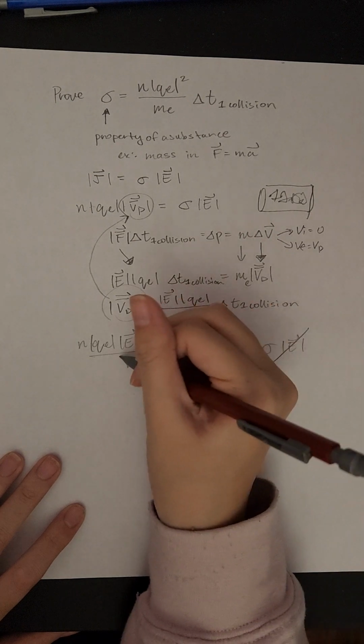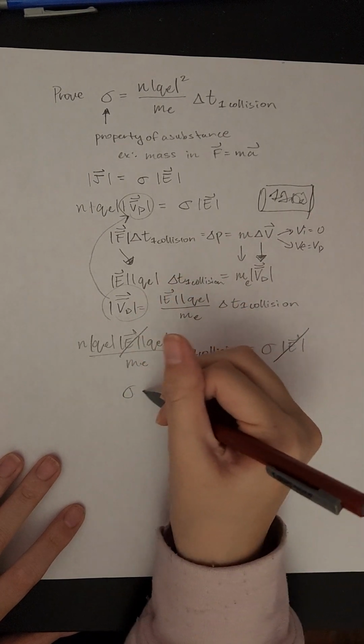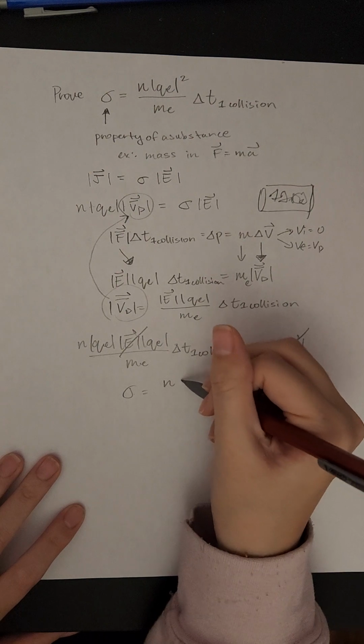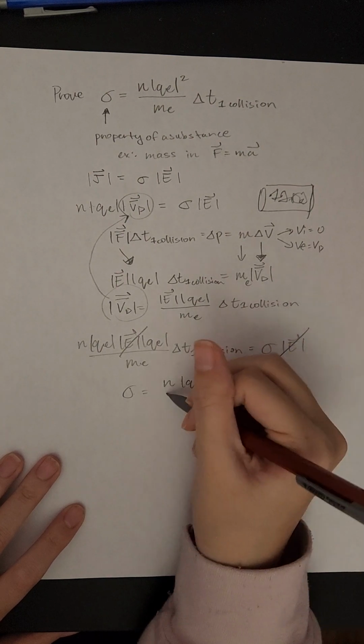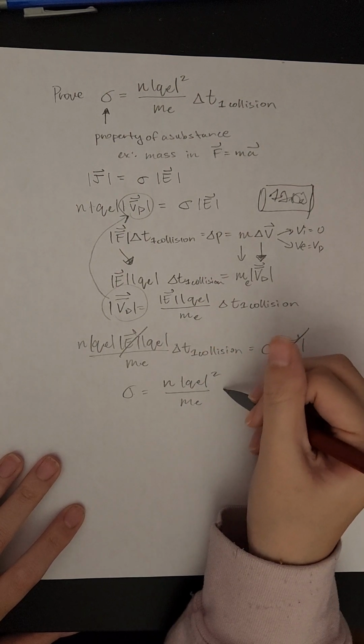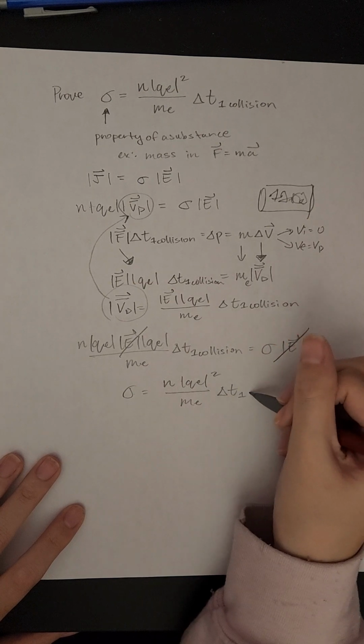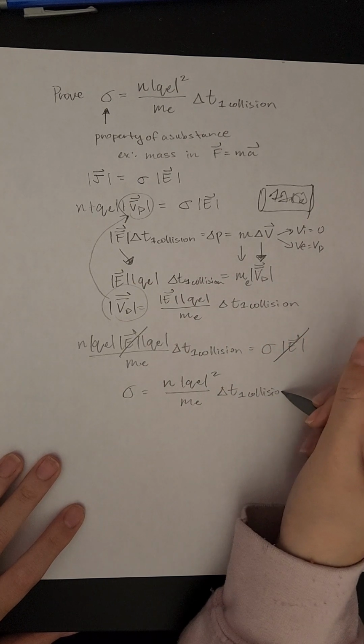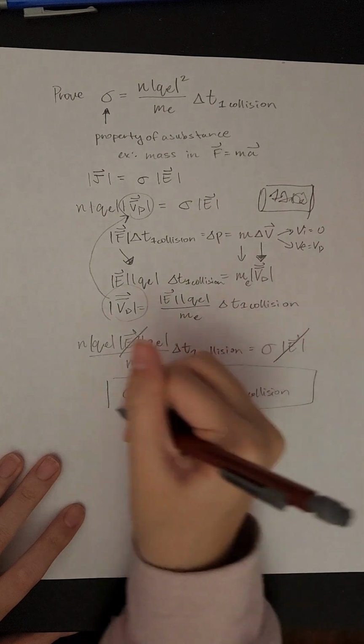And we see that the electric field cancels out, and we're left with sigma is equal to number density times charge squared over mass times the time of one collision, which is the equation we're trying to prove.